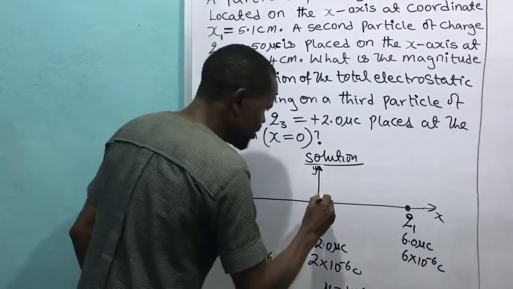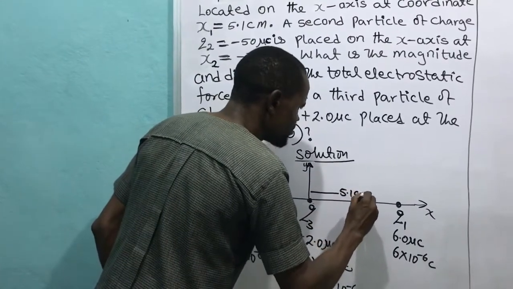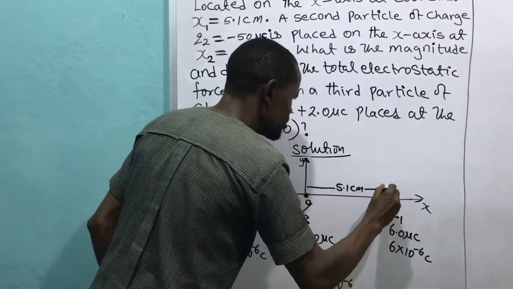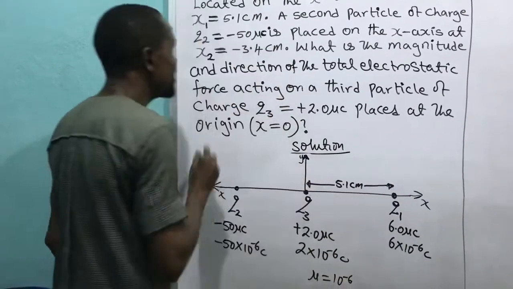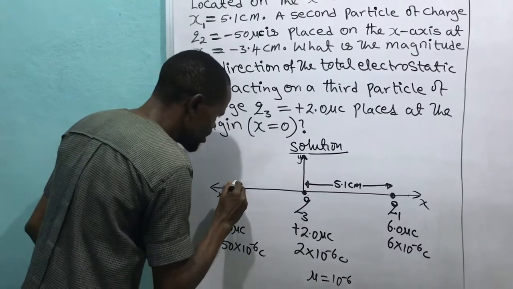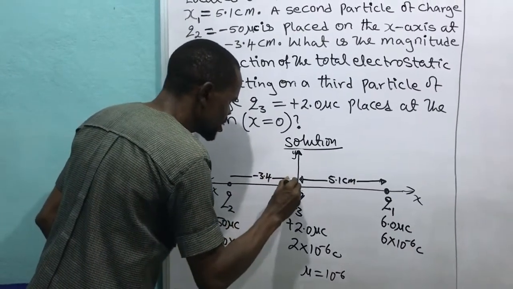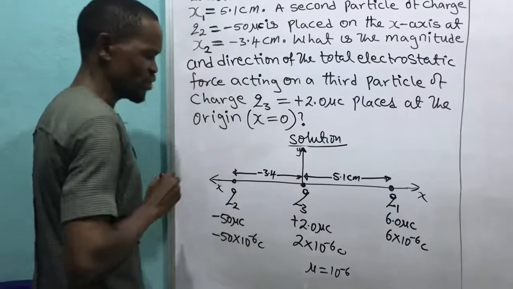Then, they told me that from here to here is 5.1 cm, which is the distance of separation between this charge and this charge. Here, they told me it is minus 3.4 cm towards this side. That's the distance between these.